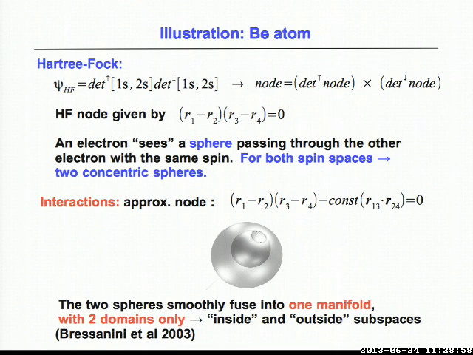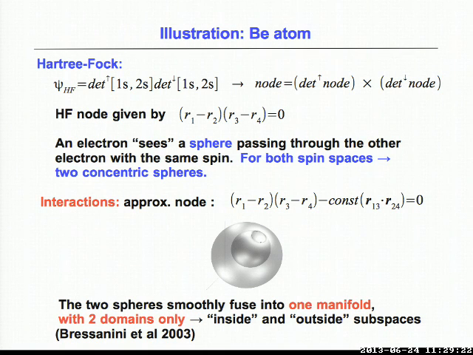You take the Hartree-Fock wavefunction of the beryllium atom. Of course, you have the product of these 2 determinants. The Hartree-Fock node is given by this product. What it means is that an electron of spin-up sees a sphere passing through the other electron with the same spin. And of course for spin-down, it's the same thing. So you get 2 concentric spheres.